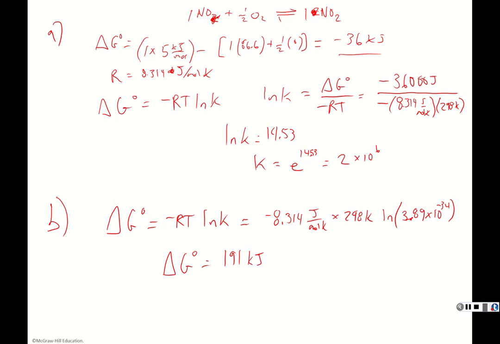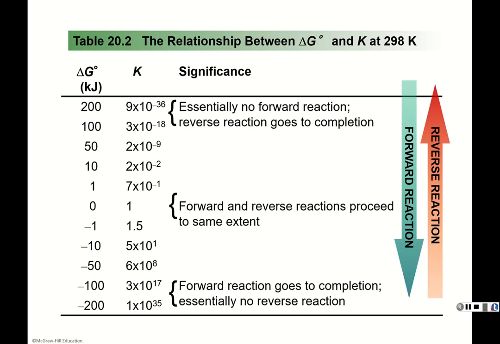Okay. So in that case, if you're given an equilibrium constant, it's very easy to calculate a delta G naught. The relationship again between delta G naught and K: when K is very small, delta G naught's going to be very positive.